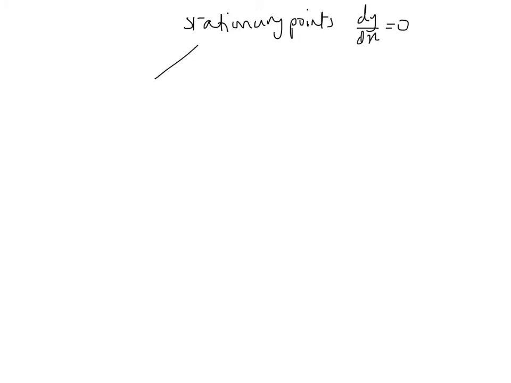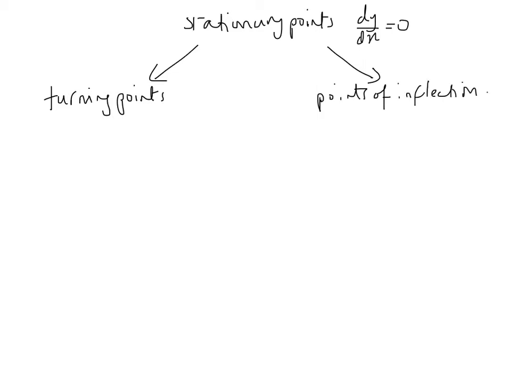Now there's two types of stationary points. We have turning points, or points of inflection. Now the turning points are, for example, points where the gradient turns. So you've got a maximum, or you might have a minimum. And let's see what's going on here. On the maximum, the gradient here is positive, and over here it's negative, and this is your point.